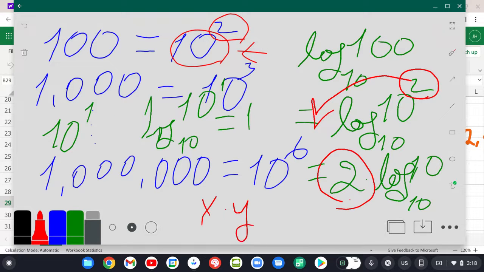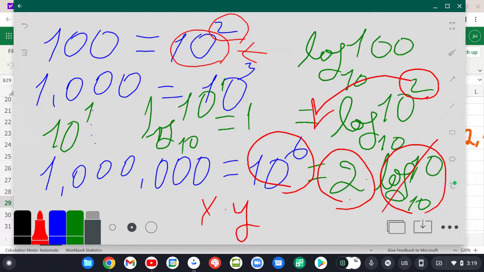In other words, a multiplicative function. Previously it was a power function. I've been telling you, this is called a power function because it's powers of 10. Now, you turn the power function into a multiplicative function using log.